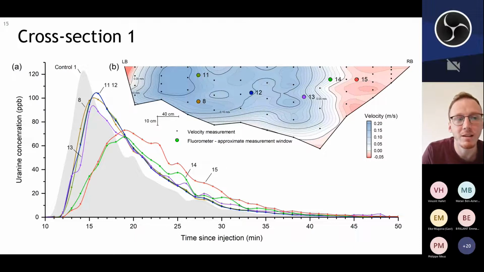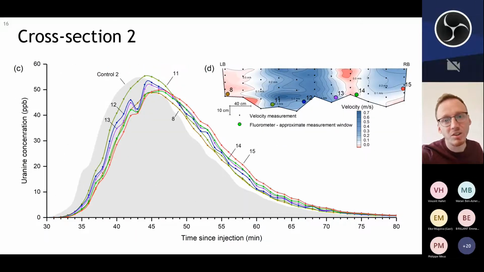We have 8, 11, 12, 13 that are very similar. And then we have 14 and 15, which are a bit strange. They are not behaving the same way. We will talk a bit more about that, but what you probably already guessed is that 14 and 15 are located in zones of negative velocity. So of course, this has an impact on the breakthrough curves.